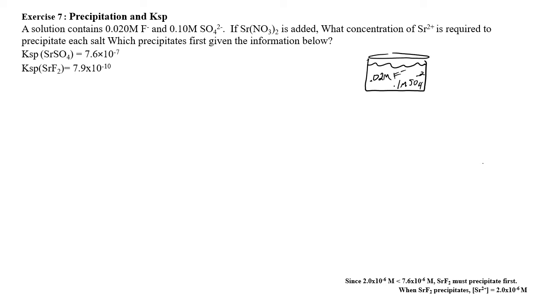So what we're trying to find here is what is the concentration of strontium that's going to be required to precipitate each of these salts, the strontium sulfate and the strontium fluoride, and then which one precipitates first.